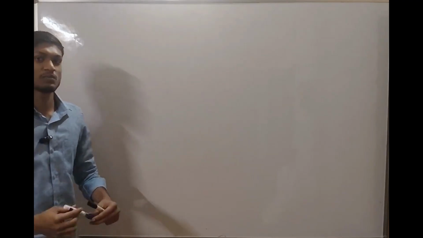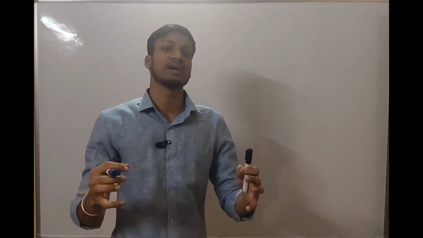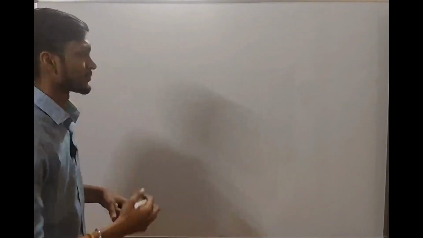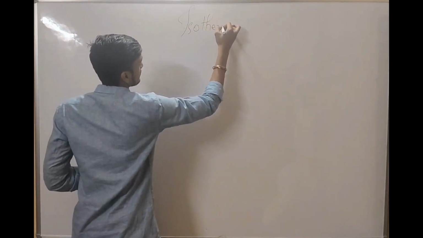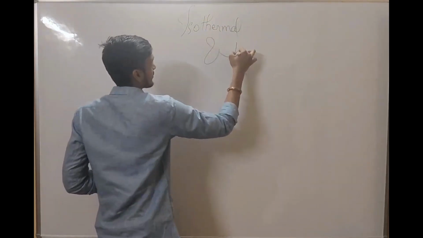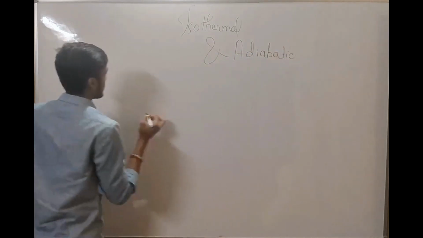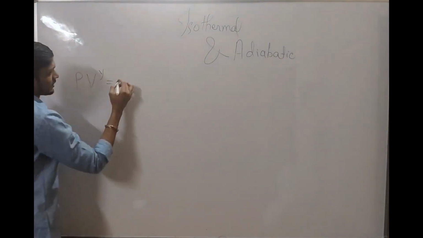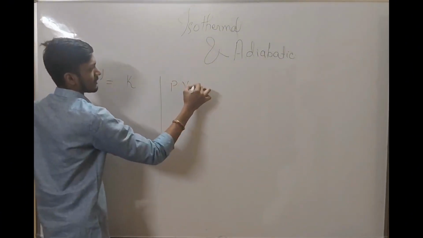We will now compare the isothermal process and the adiabatic process. Often we get confused by the isothermal and adiabatic processes and their graphs. First, let's analyze the two equations that we have about them.